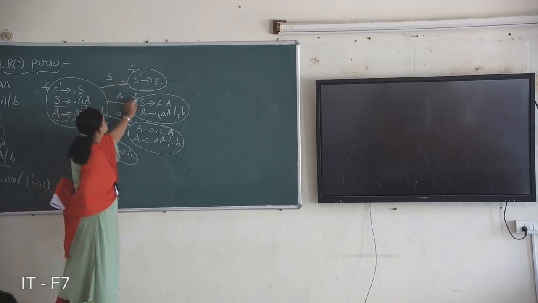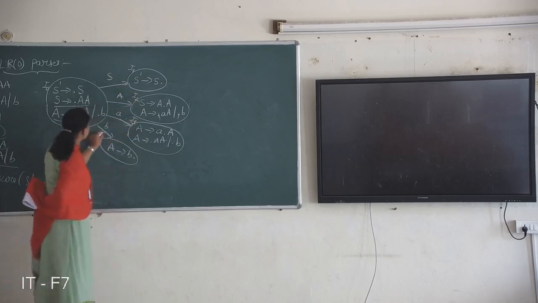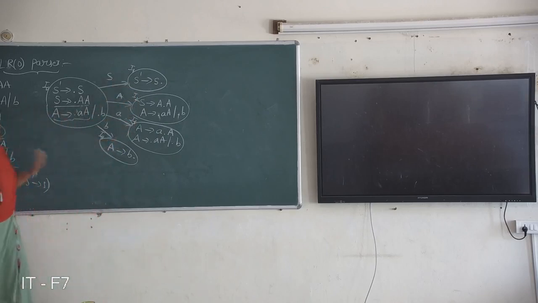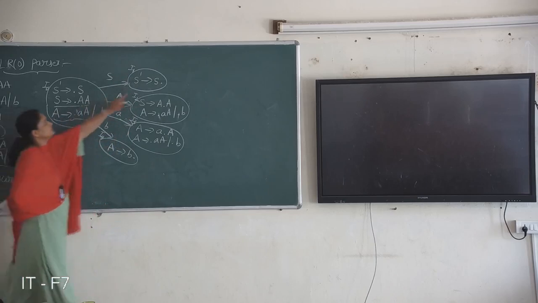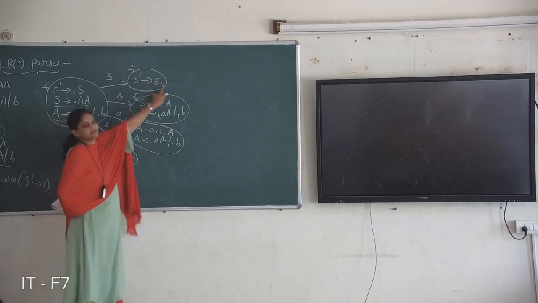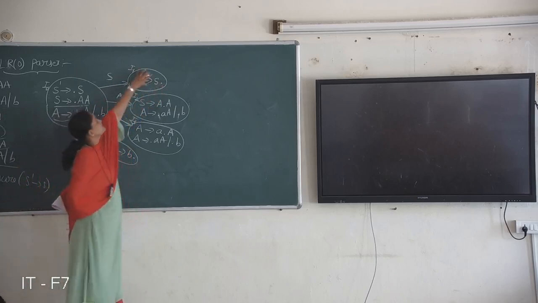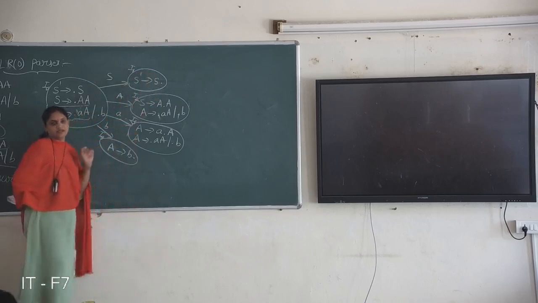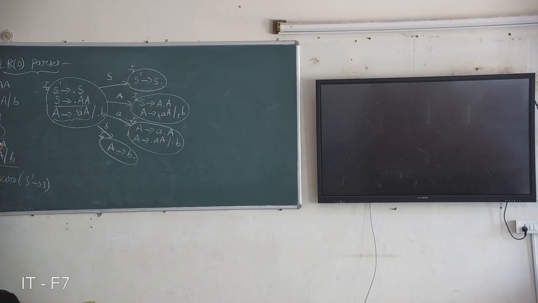Just give names to these states: I1, I2, I3, I4. Again, if it is possible to do any transitions, you can do it. On this, there is no transition to do because the dot is at last. Whenever you reach this state, it means the string is accepted. Why did you add this augmented grammar?